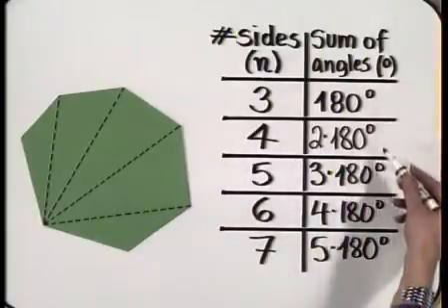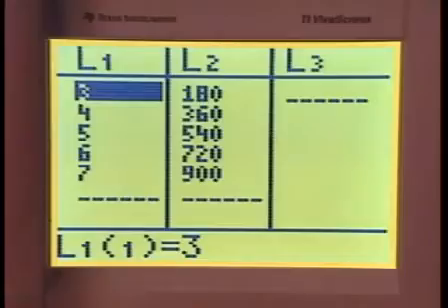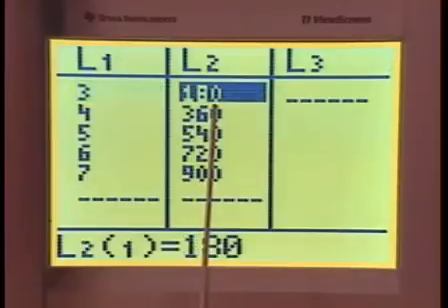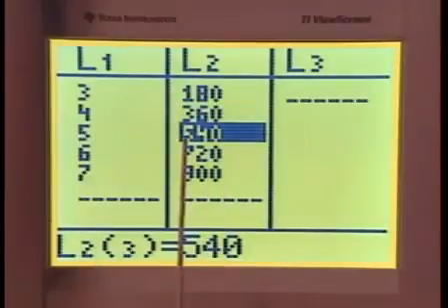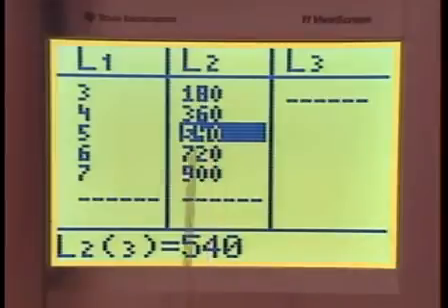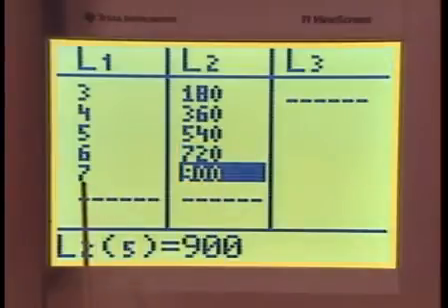I've already keyed in these values, so let's look at our lists. For a polygon with 3 sides, we have 180 degrees. That's a triangle. For a quadrilateral, we have 2 times 180, or 360. For a pentagon, 3 times 180, or 540. Hexagon, 4 times 180, or 720. And 7 sides, we have 5 times 180, which is 900.